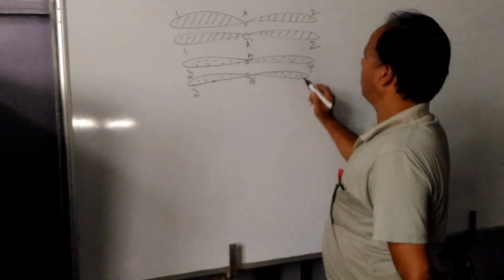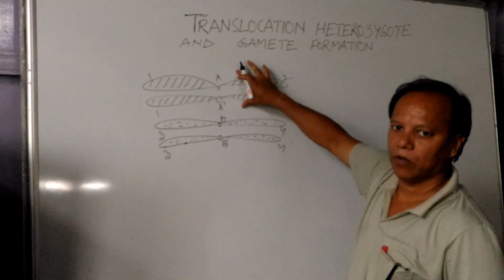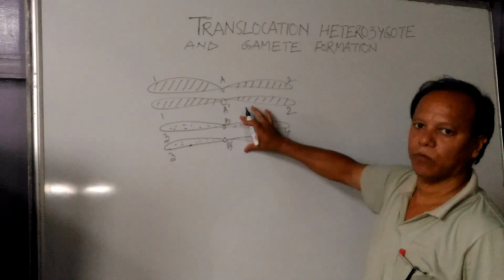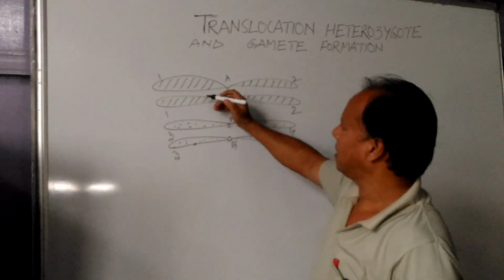Chromosomes having centromere A prime and centromere B are involved in the reciprocal translocation.